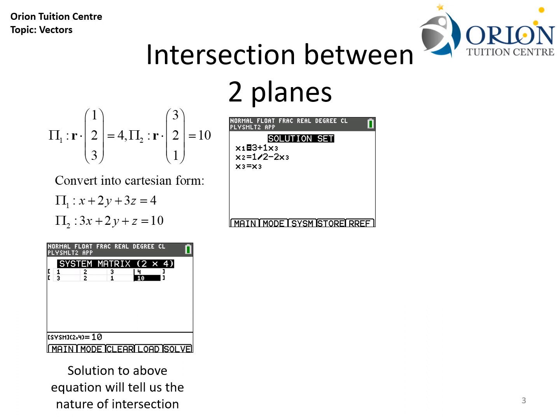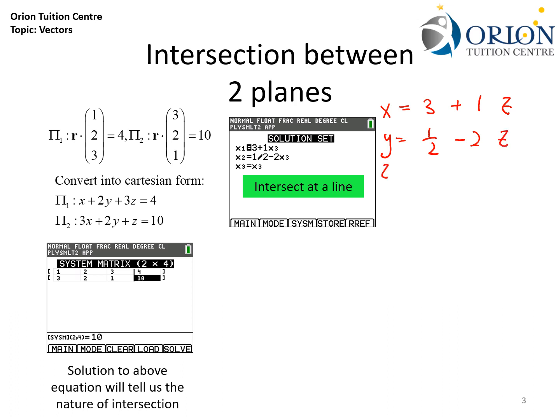x1 and x2, which are x and y, are functions of x3, which is z, and x3 is equal to x3. This result represents intersection at a line, and we will need to know how to convert this answer into the equation of a line. We can rewrite these three equations as x equals 3 plus 1z, y equals half minus 2z, and z equals 0 plus 1z.